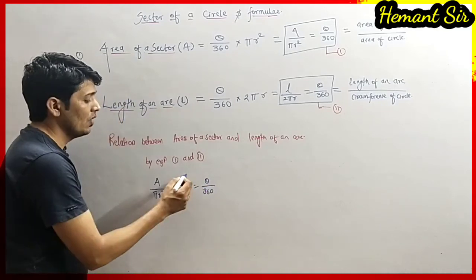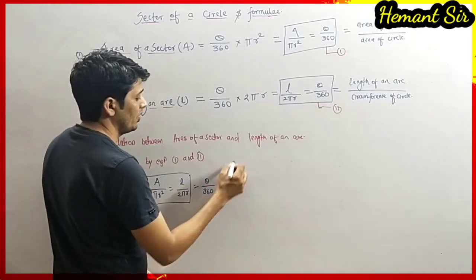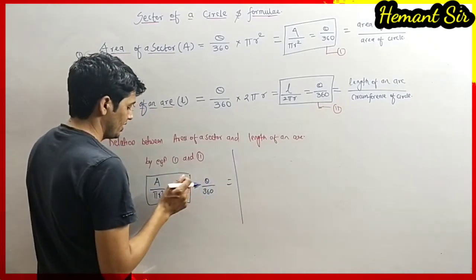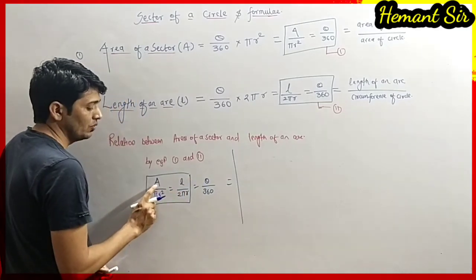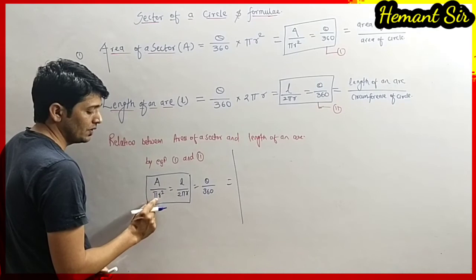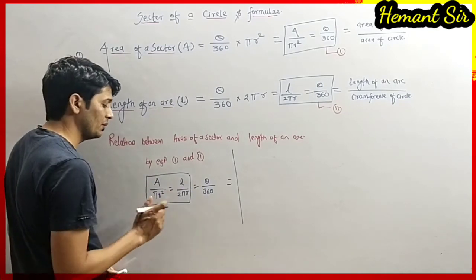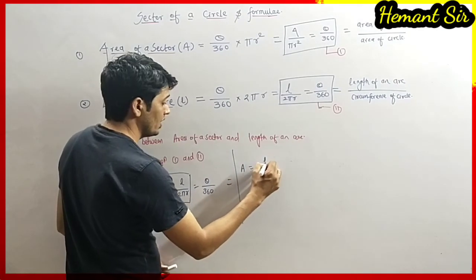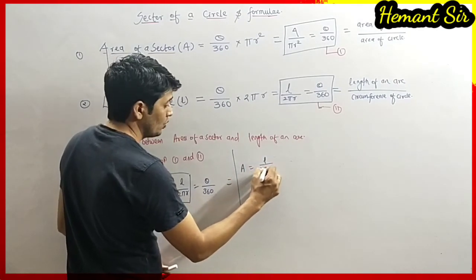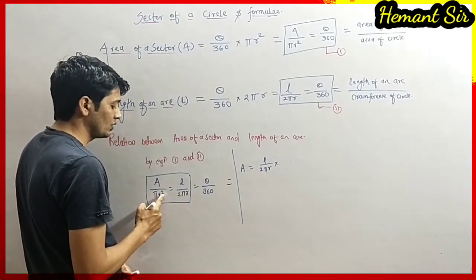Now if we compare this part, it can be further written. In order to find the area, we have to transfer 2 pi r to the other side. It is in division form, so it will go in multiple form. So A equals L divided by 2 pi r into pi r square.